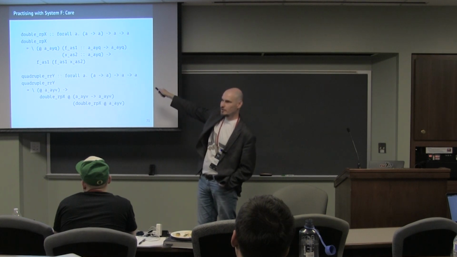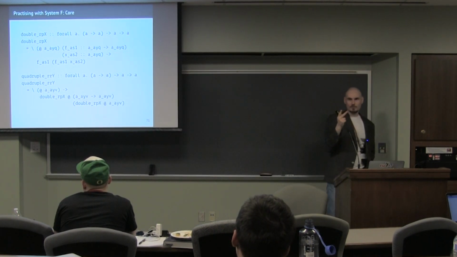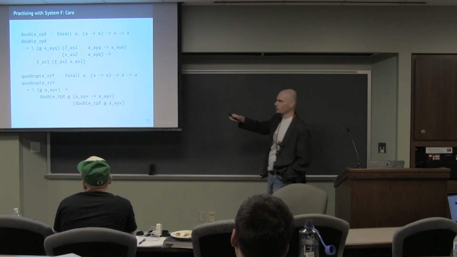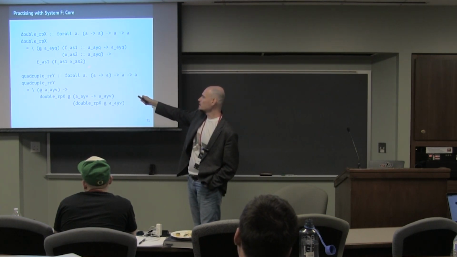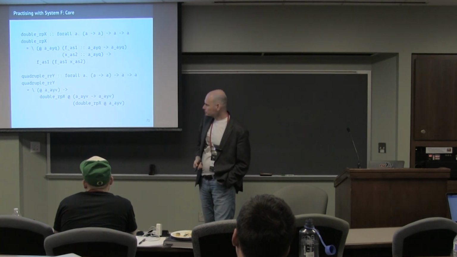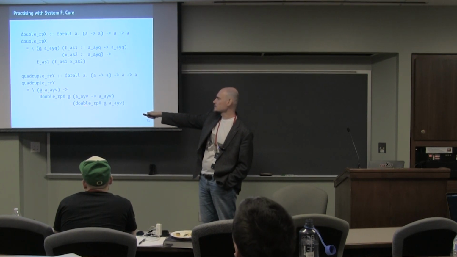So we just use lambda with 3 arguments, and technically that's 3 lambdas. One is a big lambda, and then 2 others are small lambdas for values, for this one and for this one. And that's the body of this function. And again, here we have this big lambda for this type, and that's this body.